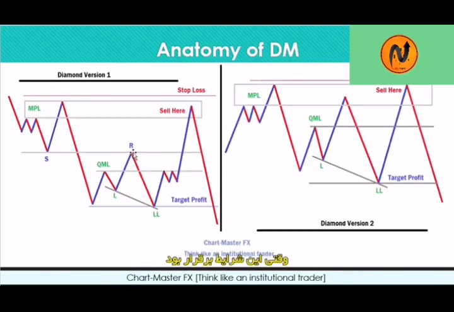Once you have this condition, you can see that the head of the quasi-model was aligned with the flippy area. But in another version, you will see on the charts that this QM level may be the one that is aligned with the flippy area, and this head may be high, maybe around here, but not reaching the MPL.